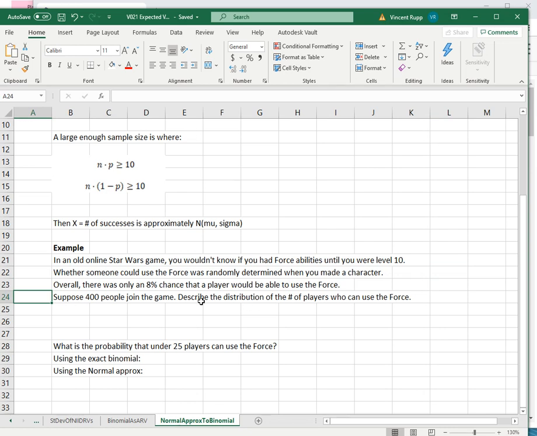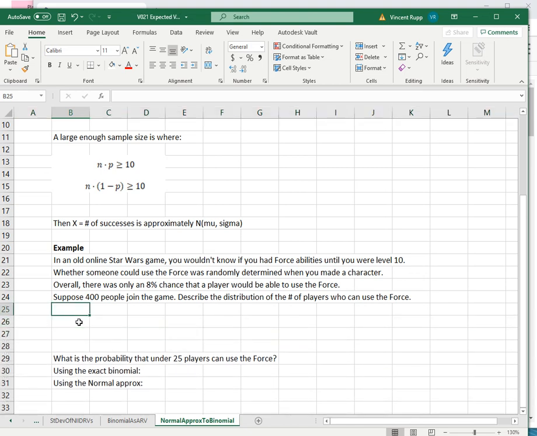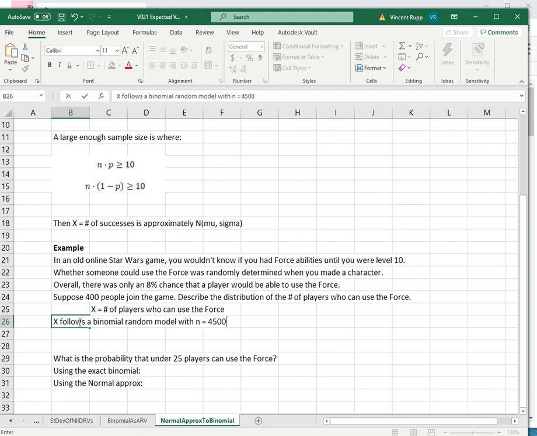And so the question is, describe the distribution of the number of players who can use the Force. So if x equals the number of players who can use the Force, then x follows a binomial random model with n equals 400, p equals 0.08.